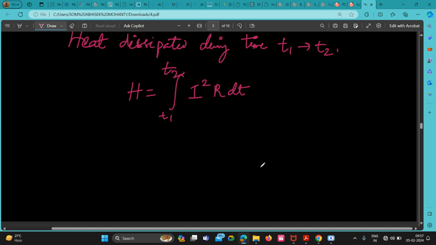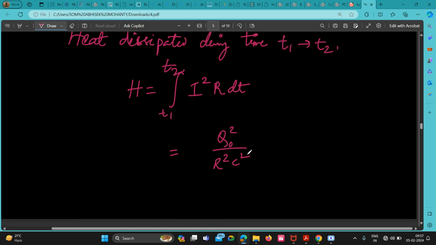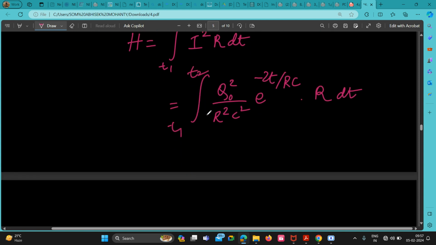So I we got was minus Q naught by RC e to the minus t by RC, so Q naught square by R square C square e to the power minus 2t by RC into R dt, integrated from t1 to t2. Why are we doing this? Because this is a variable in t, so we have to do it this way.